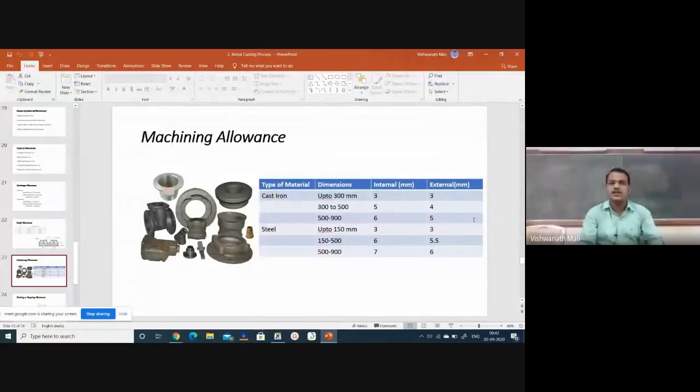We already seen, in the casting we get a bad surface finish. To get a good surface finish, we need to machine that part. And when we machine it, its material gets removed, its size gets changed. In order to overcome this size change, we need to do the machining allowance.